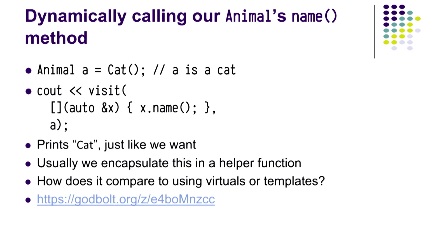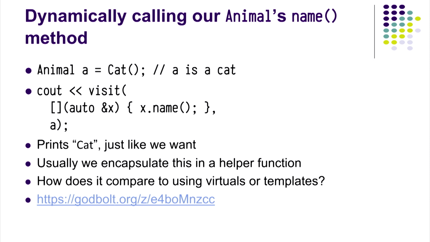Does this make variants behave like virtuals? Well, yes, it does. Our animal a is a variant of cat and dog. So if I visit it with a generic lambda that calls the name method, x will be either cat or dog, because variant visit calls it with the actual type that's stored in there.